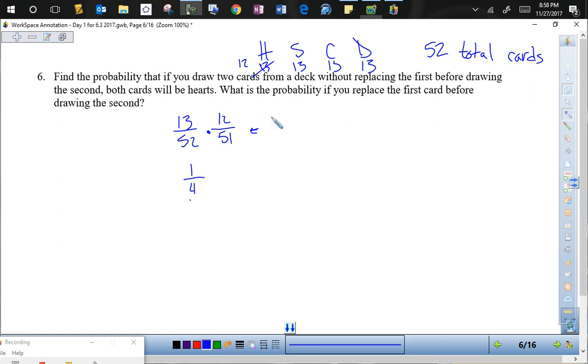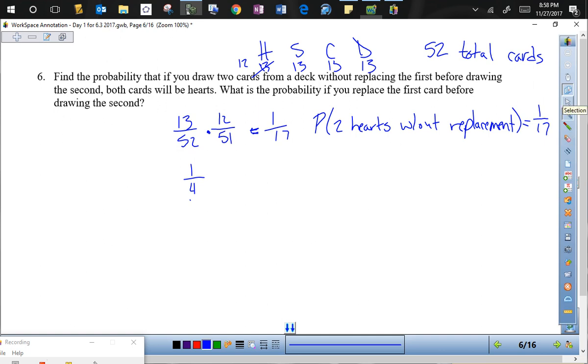So for this one, we got 1 over 17. So the probability of 2 hearts without replacement is 1 over 17.